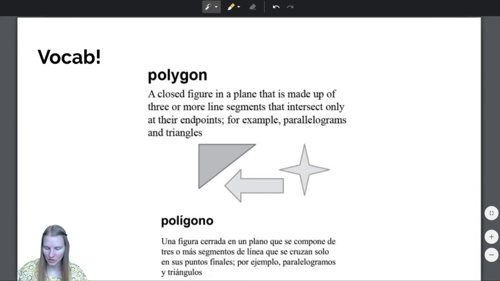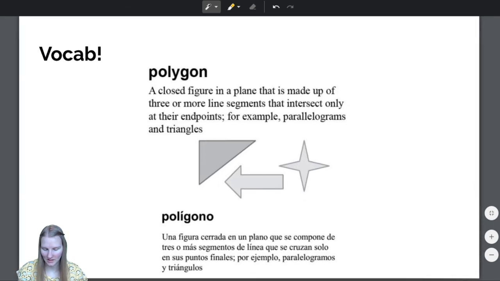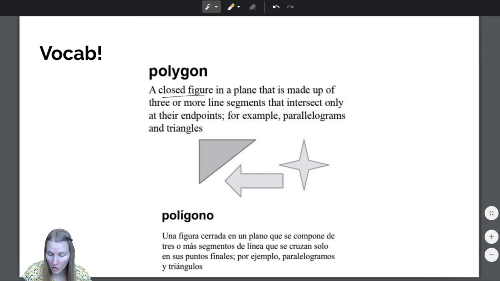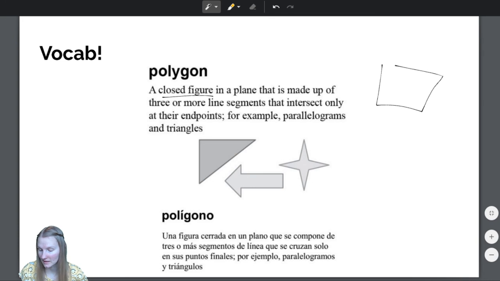First, a little review of what a polygon is. A polygon is a closed figure. That means that it can't be open like this. All of the vertices, all the corners need to connect. We can't have any open sides like this. A closed figure in a plane that is made up of 3 or more line segments.